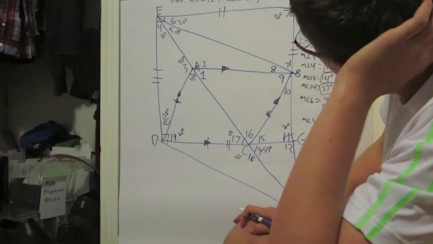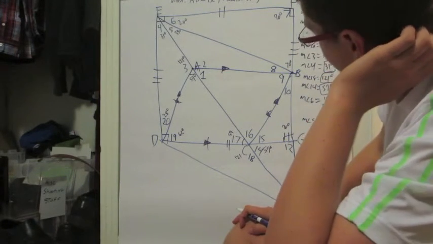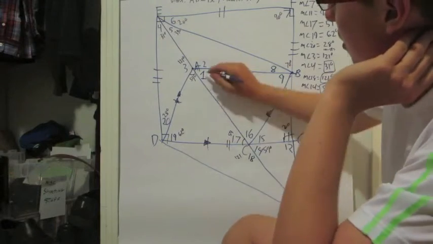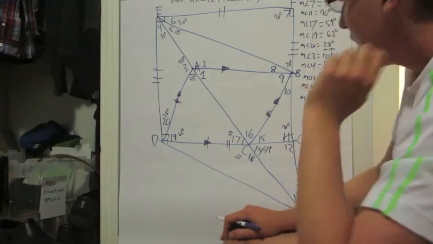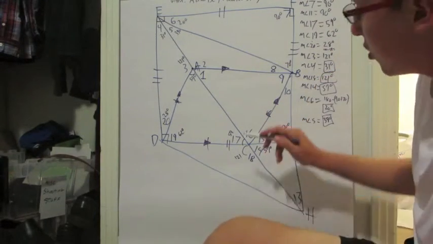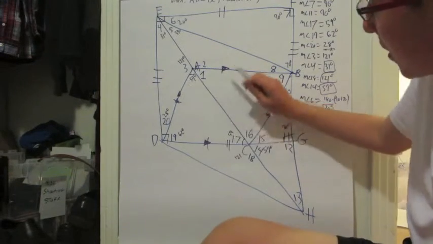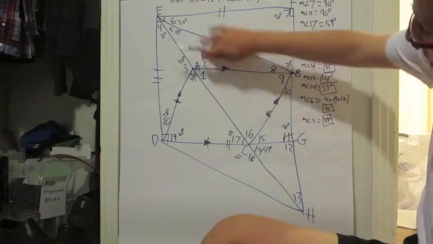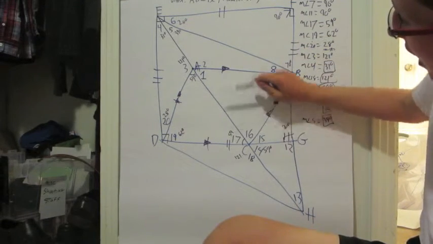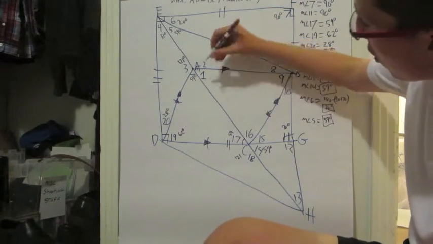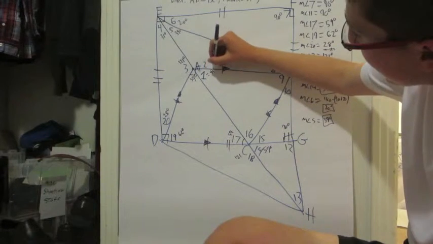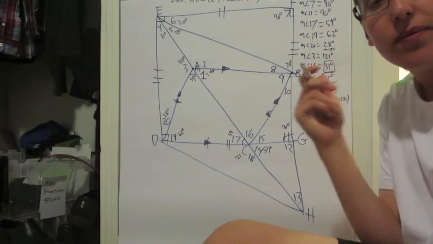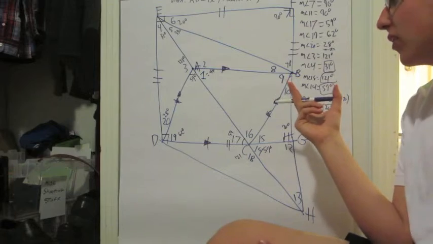So another angle that we can figure out is the measure of angle 1. The measure of angle 1 can be solved by taking a look at these parallel lines and seeing that since these two are parallel and this is a transversal, this 59 would make angle 1 59 by the property of alternate interior angles.